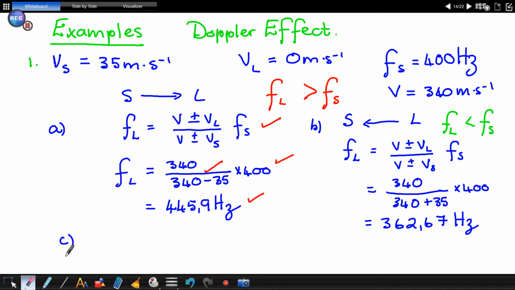Next to, no changing frequency. So the frequency observed by the listener at the moment the source is passing, at that split second moment, is 400 hertz. Do you understand that? Just when the one passes the other one.